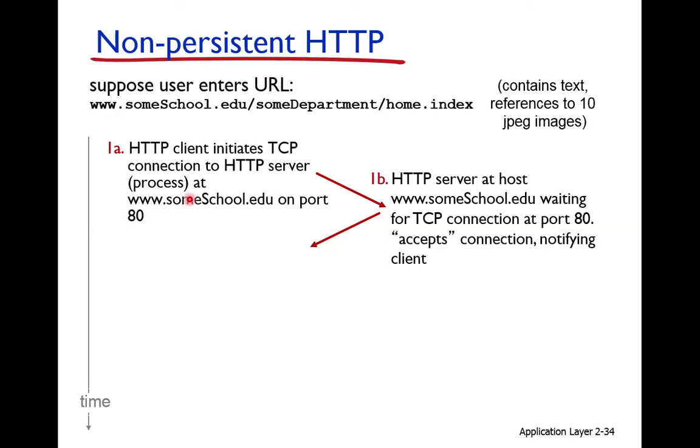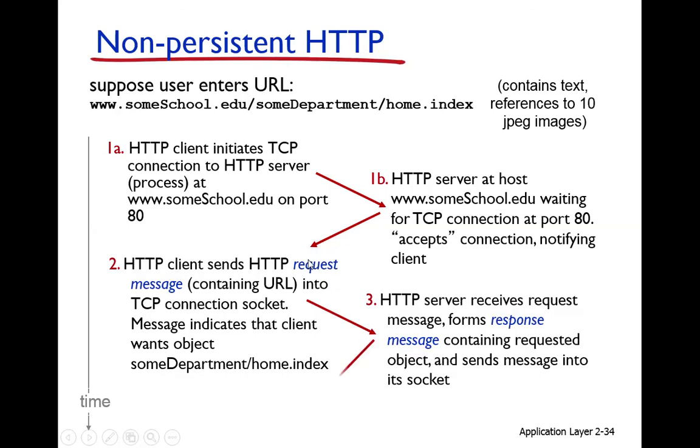The port number can be assumed because each web server runs on port 80 by default. So TCP sends the connection request. After this, the TCP server responds with the connection accept. Now the connection is established in these two steps.